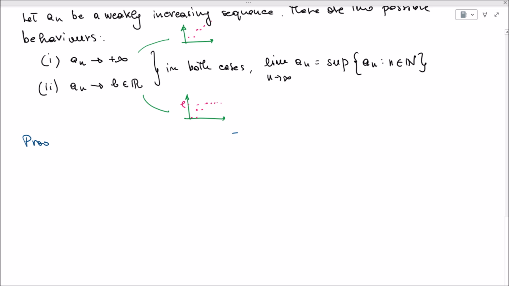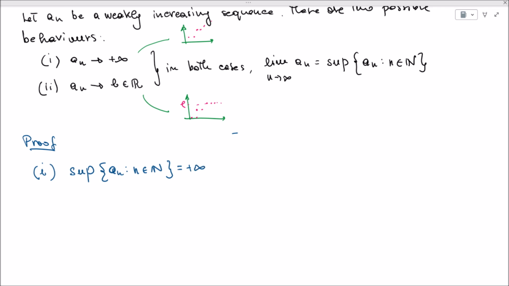Proof. Now, of course, we'll start with the first possibility, namely the fact that an will diverge to plus infinity. So, in this case, we know that the supremum of an for n in the natural numbers should be equal to plus infinity.